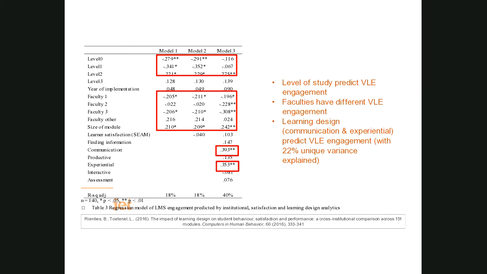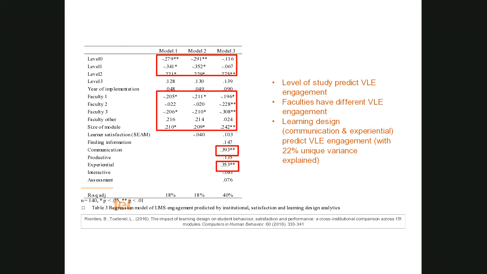What you see here is a regression table where we've looked at the level of study that students were in, from level 0 to level 3, the respective faculty, business, law, etc., the size of the module, and these seven learning activities, where we took assimilative as the benchmark.